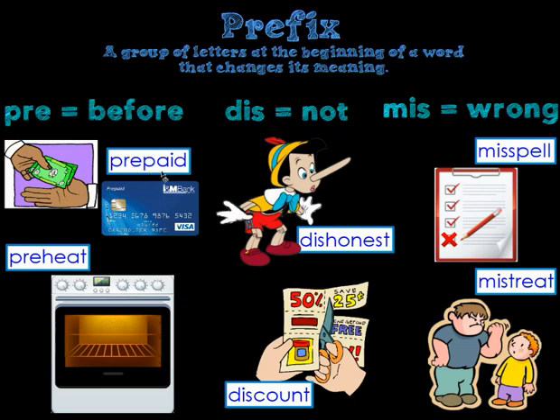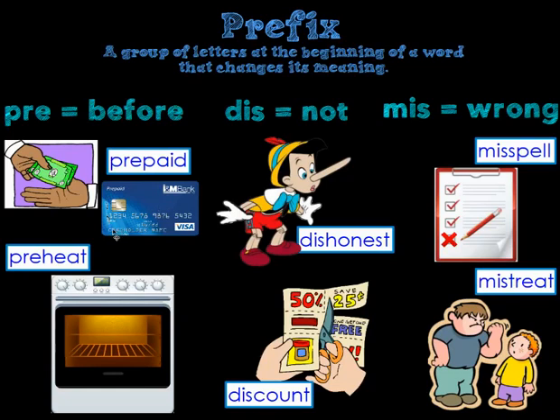When a word can stand on its own when separated, it is called a base word. So we have the prefix pre and the base word paid. When these 2 word parts are put together, we get the word prepaid. Now, if the prefix pre means before, this word must mean to pay before.